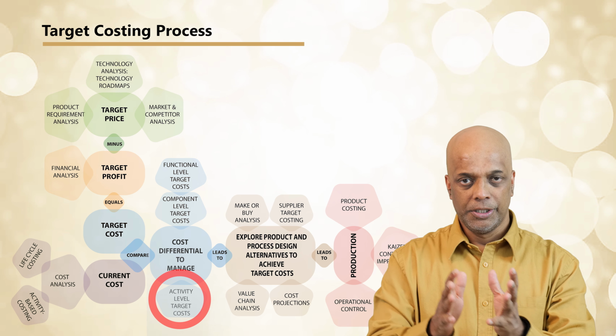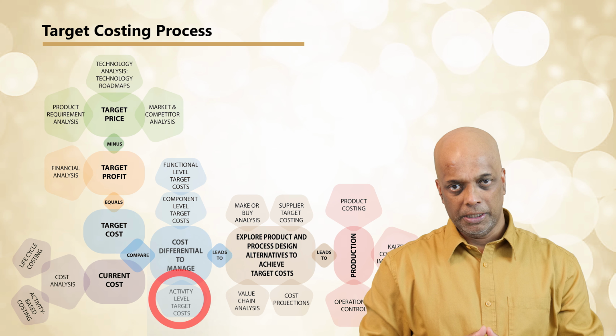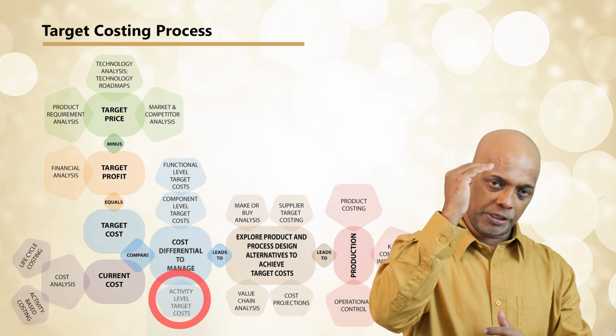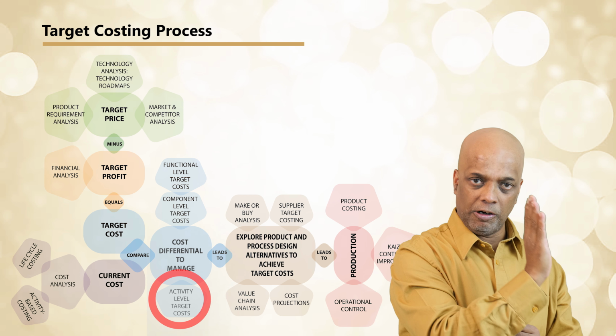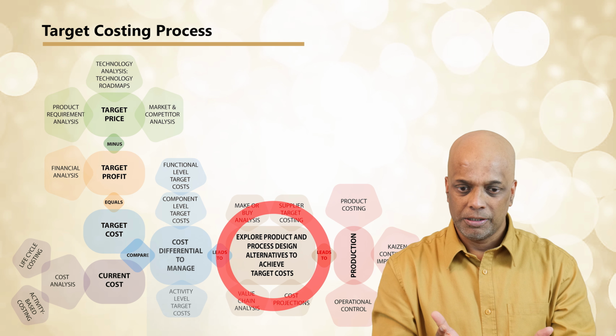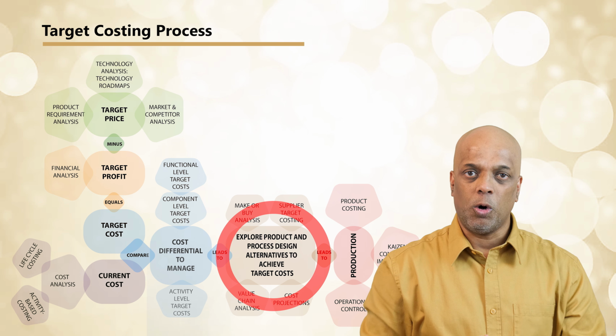And then for that particular purpose, or in order to achieve all these target costs at the level of function, at the level of component, at the level of activities, at the level of product, and so on, you have to explore product and process design and redesign alternatives.